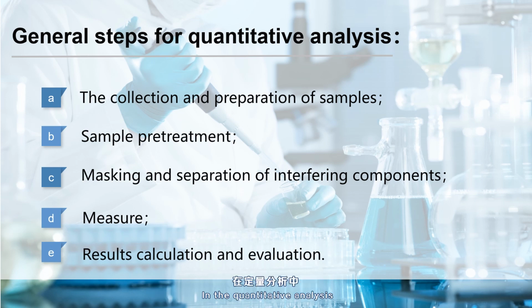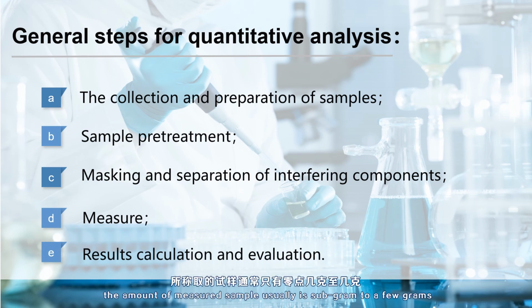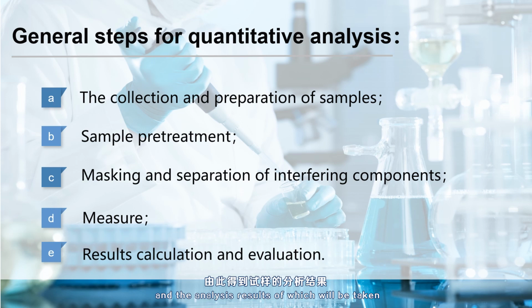In a quantitative analysis, the amount of measured sample usually is sub-gram to a few grams, and the analysis results of which will be taken as the actual condition of several tons or even tens of millions of tons of materials.